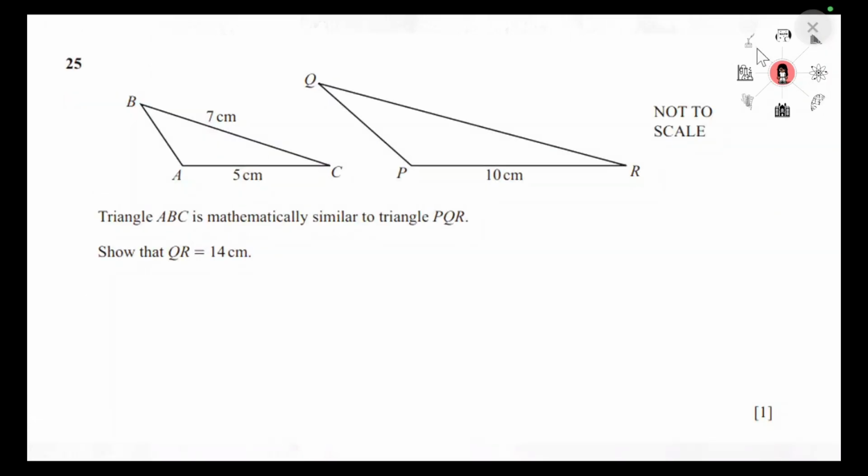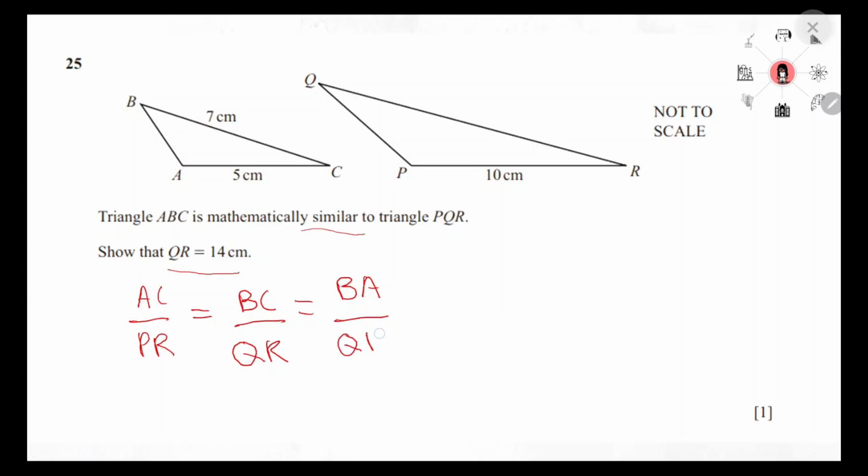Question 25. Triangle ABC is mathematically similar to triangle PQR. Show that QR is equal to 14. So since these two triangles are similar, we can say that AC by PR is equal to BC by QR is equal to BA by QB.